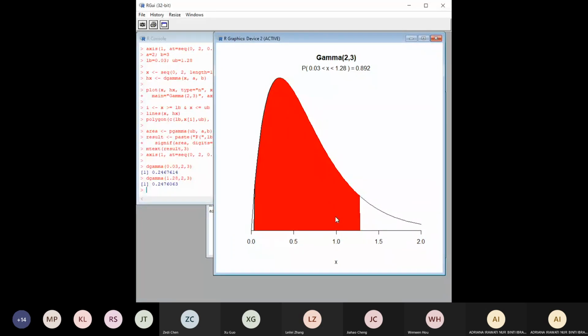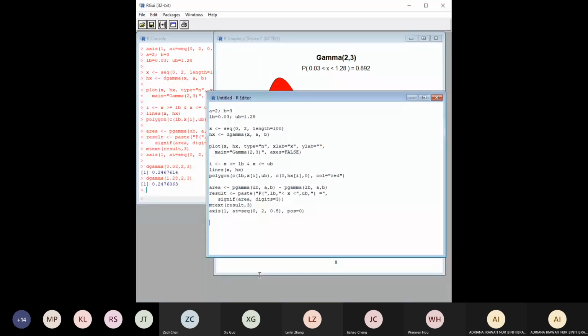So this means your HDR and your credible interval are not the same because your gamma is a skewed distribution. Your HDR and your credible interval are only the same if your distribution is symmetric and unimodal, one mode and symmetric.